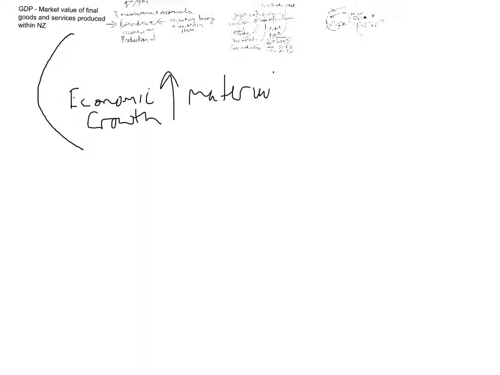Now let's get down to the user end. What we can do is work out our rate of economic growth. Generally, if economic growth is going up, it means that our material well-being is going up. So how can we calculate that?